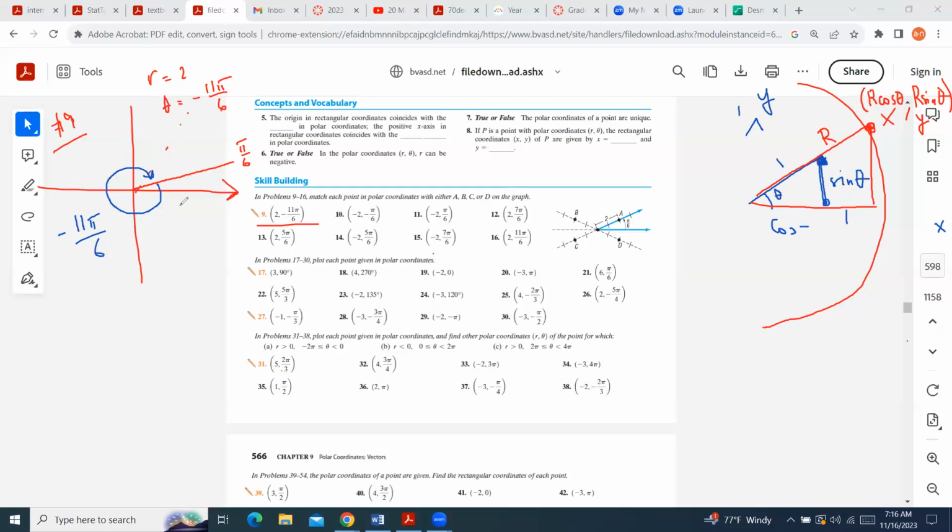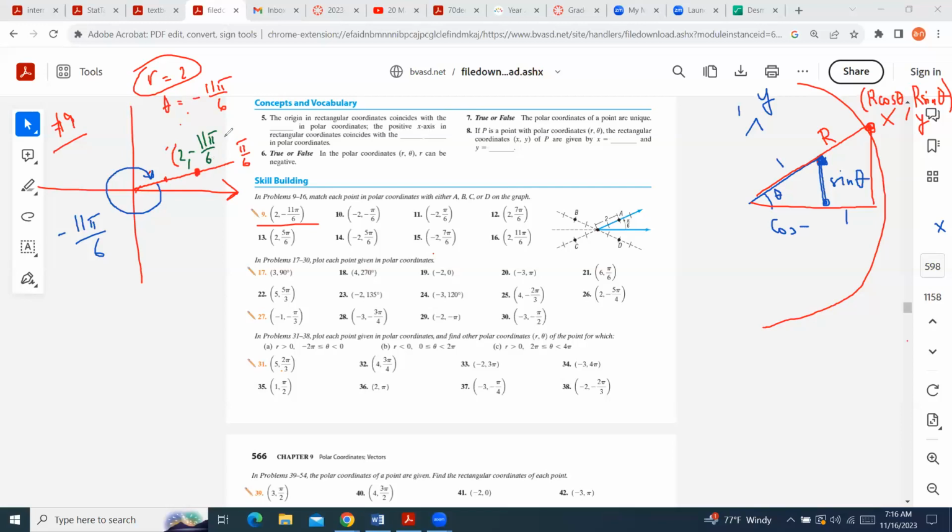And then the value of r is 2, so I just go along this by 2 units, and that's where my point is with these coordinates. Let me write them again. 2 for the radius and negative 11 pi over 6 for the angle.